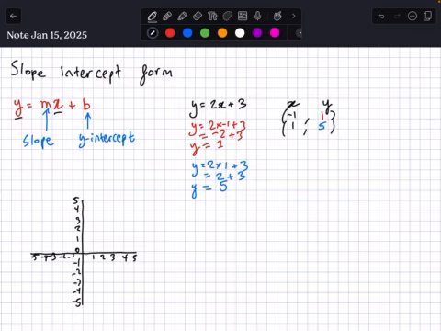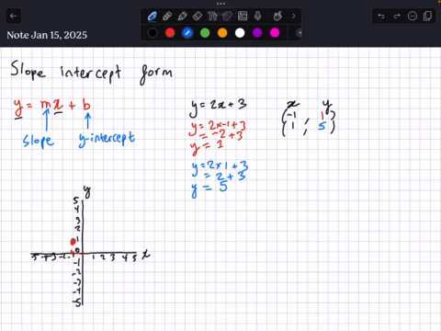So -1, 1 looks like this. We go over -1, and then we go up 1. Again, let me label my axes actually so you know what's going on. So we go to -1 on the x and 1 on the y, and then we get to the point -1, 1. We do the same thing with this point.